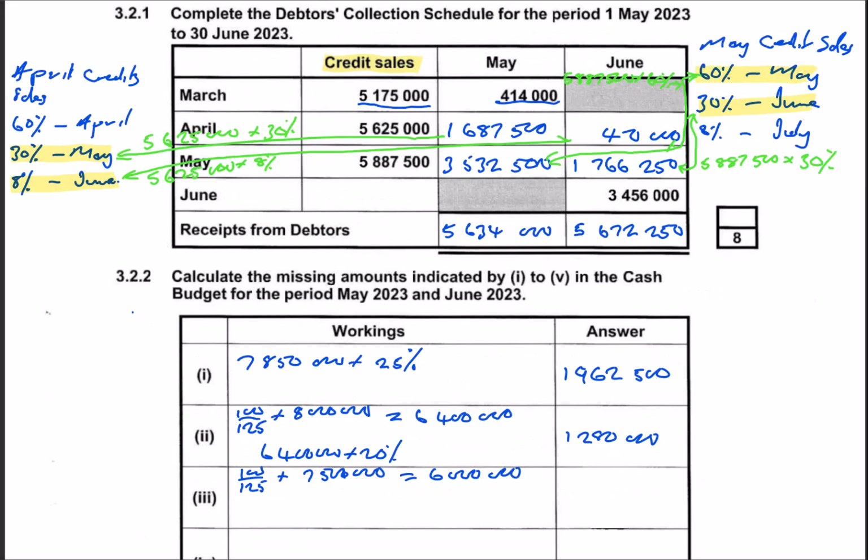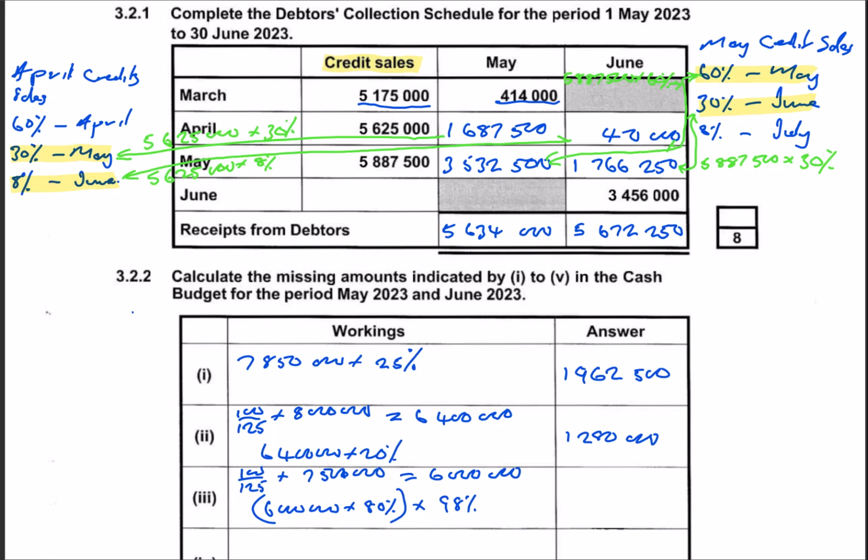So this is what we're going to do. That will be 6 million times 80%, all this multiplied by 98%, because we want to subtract the 2%. You can go the longer way, calculate the 2% of the value of 6 million times 80%, then subtract it from that value, but that would be too long.